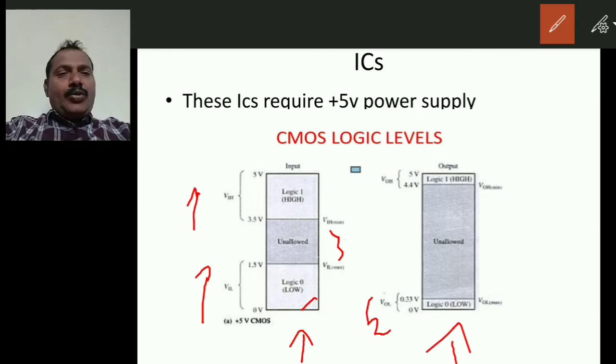For logic 1 output, the voltage will be 4.4 volts to 5 volts. This is logic 1. So these are the 5 volts CMOS ICs, and there are two types of CMOS ICs: 5 volts CMOS and 3.3 volts CMOS. That we will see next.